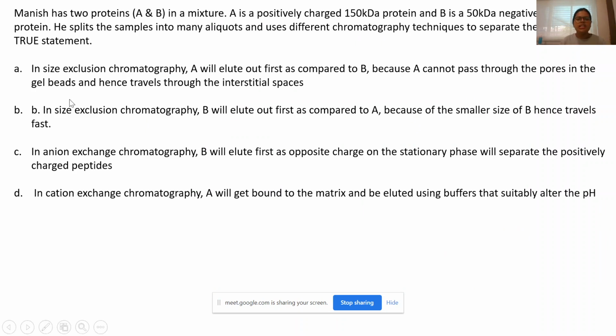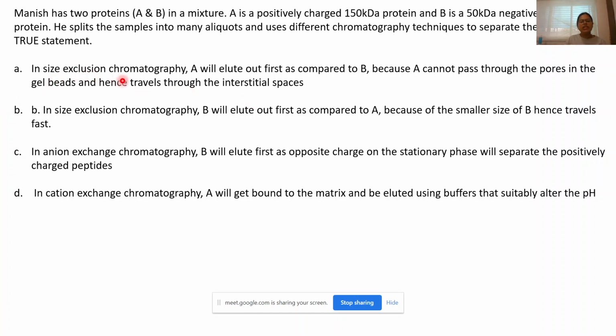So basically, in size exclusion chromatography, if your compound is very small, it will interact with the beads of the size exclusion column, and that is why it is retained on the column. Whereas the bigger molecules cannot interact with the beads, and that is why they will pass through the interstitial spaces, that is the void between the gel beads, and that's why they will elute faster.